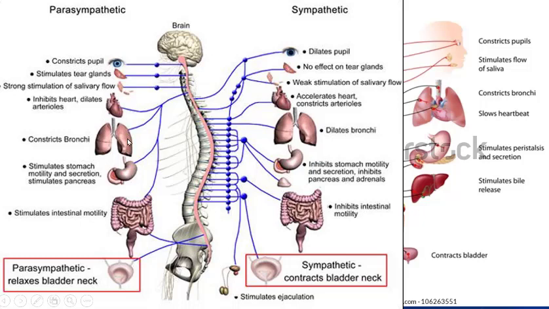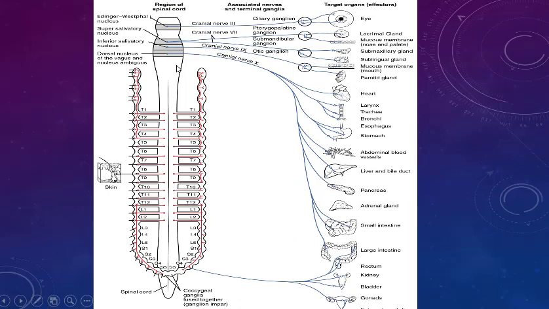And this occurs in all organs which are supplied by the parasympathetic nervous system. Here you can see a clearer picture that these are the preganglionic neurons of the parasympathetic nervous system, which arise from the brain or from the sacral region, either from the cranial nerve or from the spinal sacral nerve.